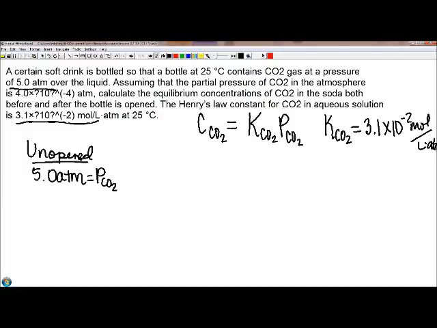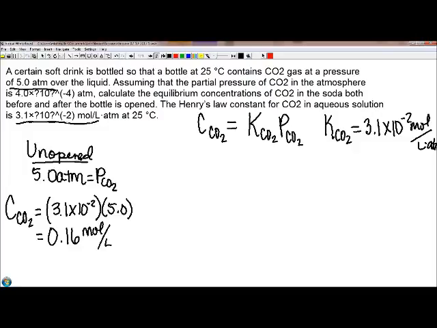To solve for our concentration of carbon dioxide in the soda, we just take the constant, 3.1 times 10 to the negative 2nd, times our 5 atmospheres, and that gives us a concentration of 0.16 moles per liter, which I already rounded to sig figs to make things quick and easy. So that's one of our answers, for the unopened can.